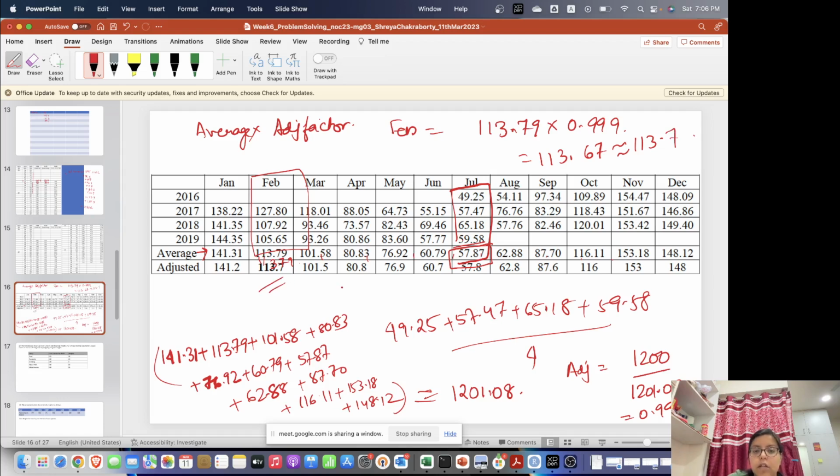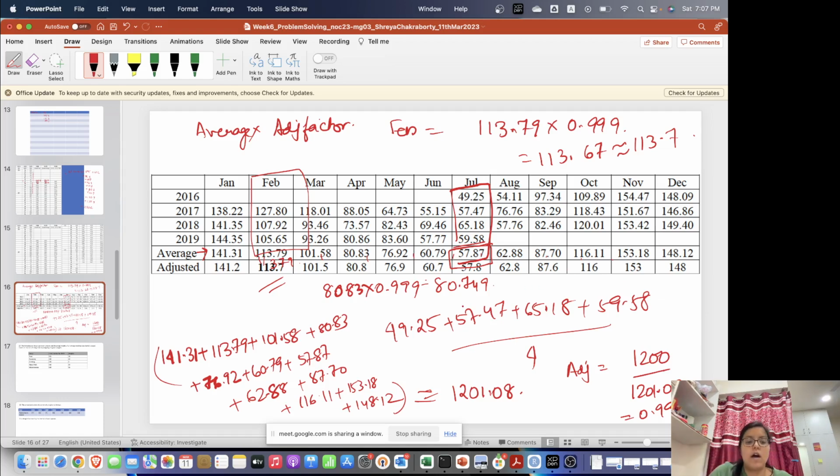So for April it would be 80.83 into 0.999, so it would be 80.749. Here some more decimal places were also there.